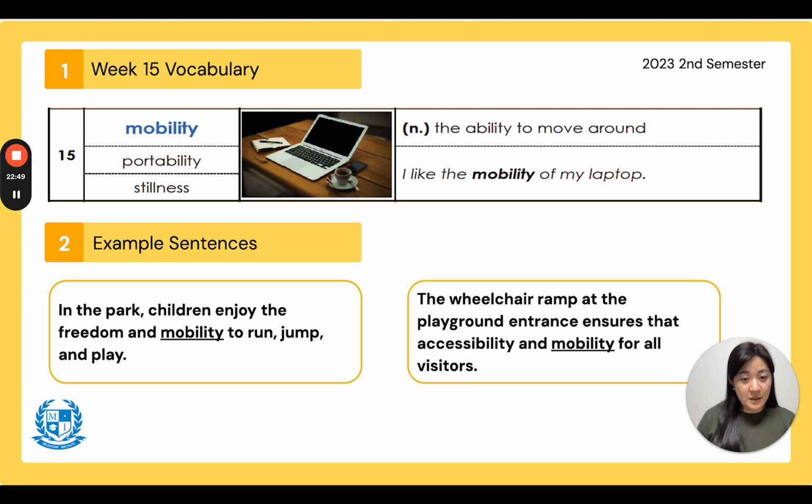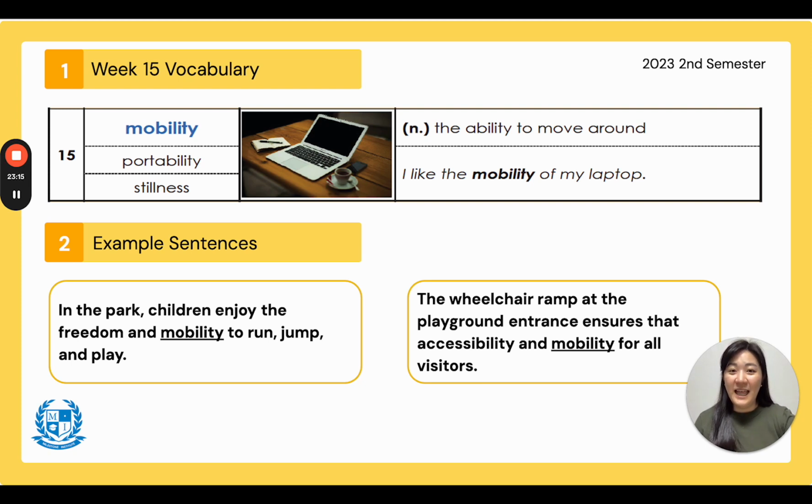The wheelchair ramp at the playground entrance ensures accessibility and mobility for all visitors. Meaning, we need a ramp like this for people with wheelchairs to go up and down. And this was able to ensure the mobility, the ability to move around for all people.